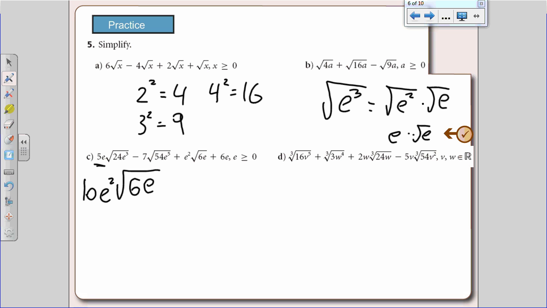Okay, let's do one more. Negative. What are we going to do with 54? What divides into 54? 9. So you're going to break the 54 up into 9 times 6. That means the square root of 9 is 3. 3 times 7 is 21.